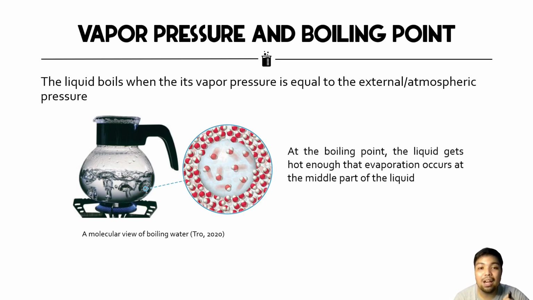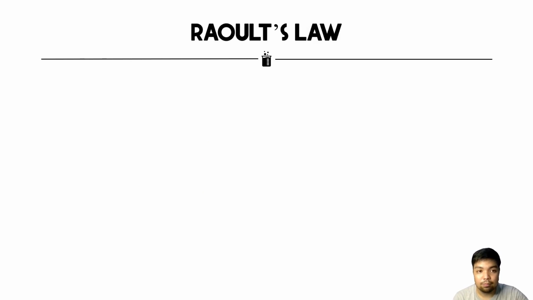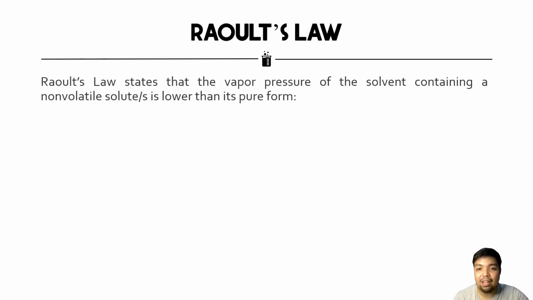So, amo na nga may kita nga bubbling during at the boiling point. So, what is Raoult's law? Now, Raoult's law states that the vapor pressure of the solvent containing a non-volatile solute or solutes is lower than its pure form.